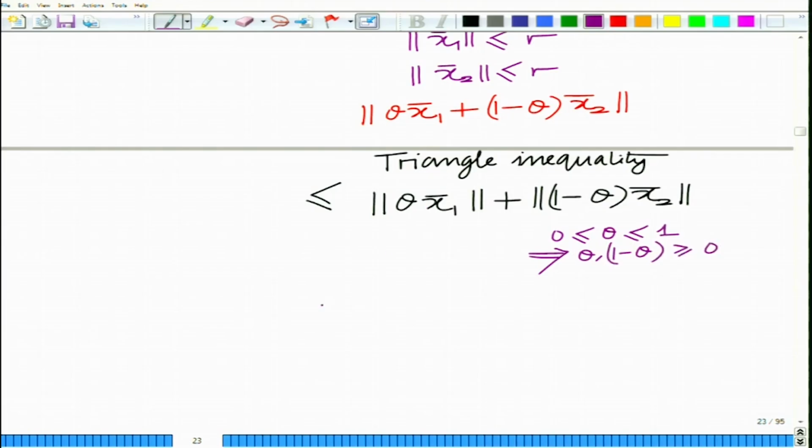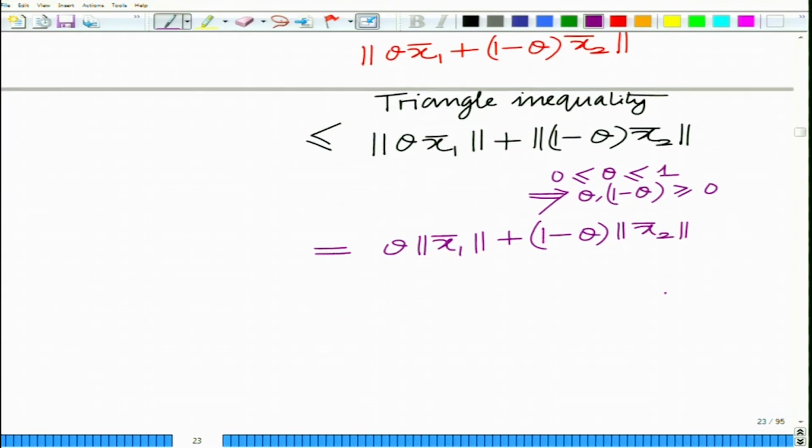So, the norm of theta times x1 bar is theta times norm of x1 bar, because theta is greater than or equal to 0, plus 1 minus theta times norm of x2 bar, since 1 minus theta is also greater than or equal to 0. Now, observe that norm x1 bar, norm x2 bar are less than or equal to r.